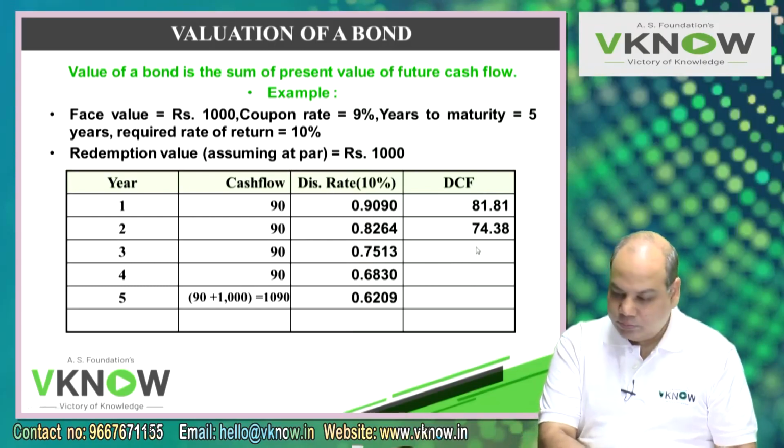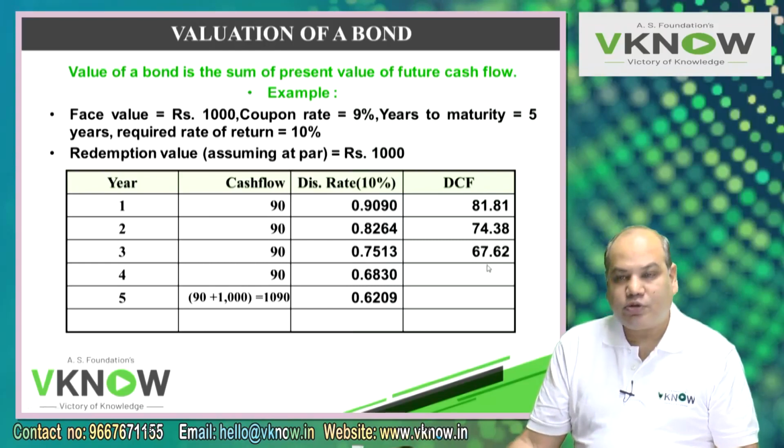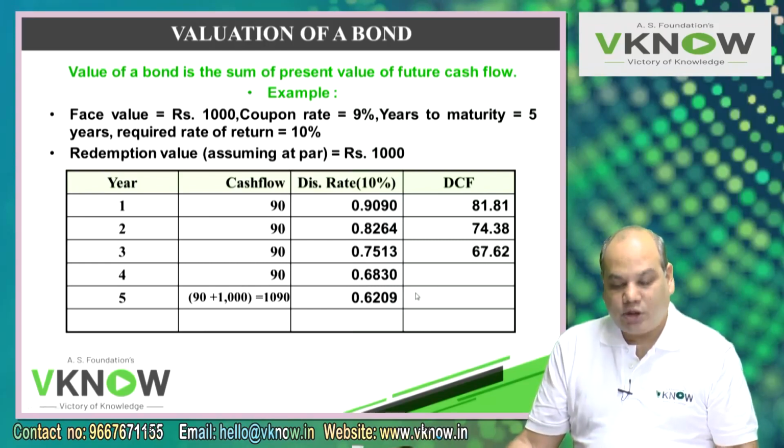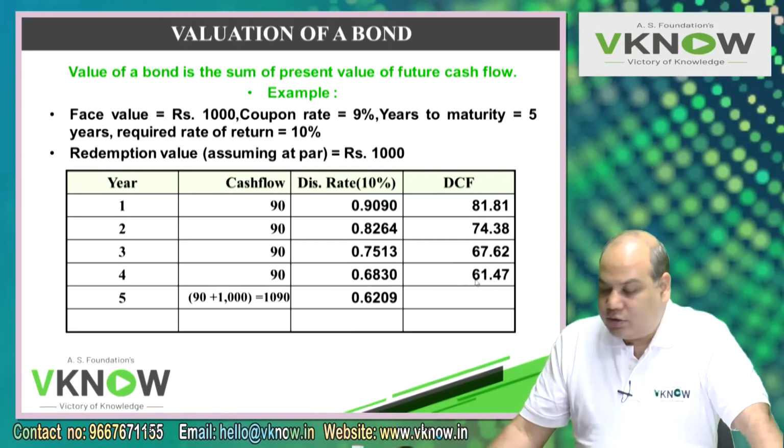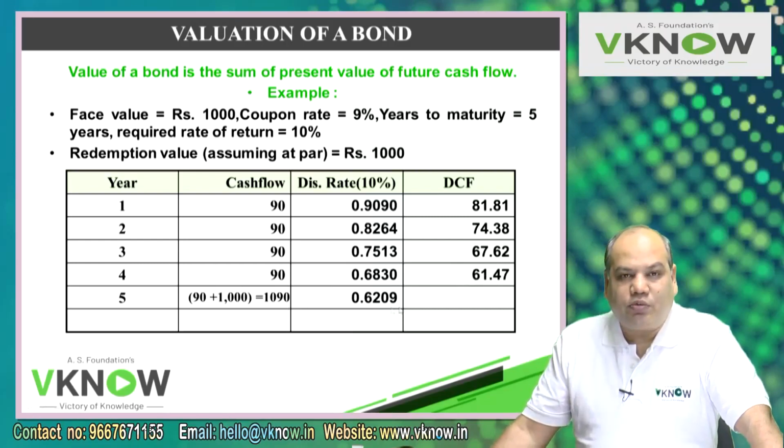Again try 90 into 0.7513 equal to memory plus, 67.62. 90 into 0.6830 equal to memory plus. Please write in the last column 61.47, memory plus. Now 1090 into 0.6209 equal to memory plus, 676.78.